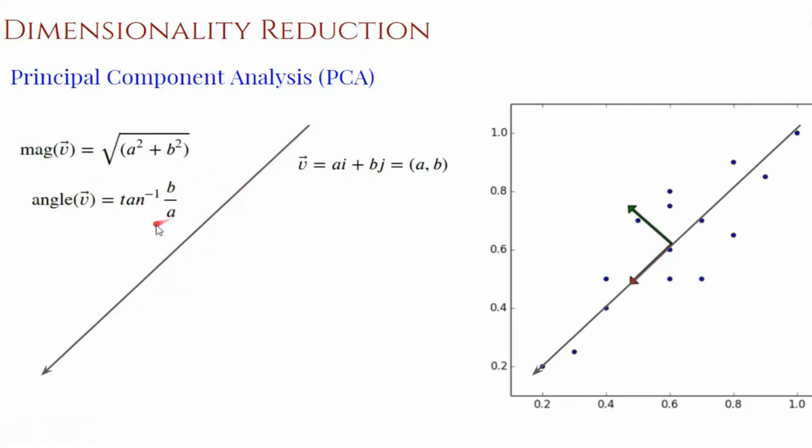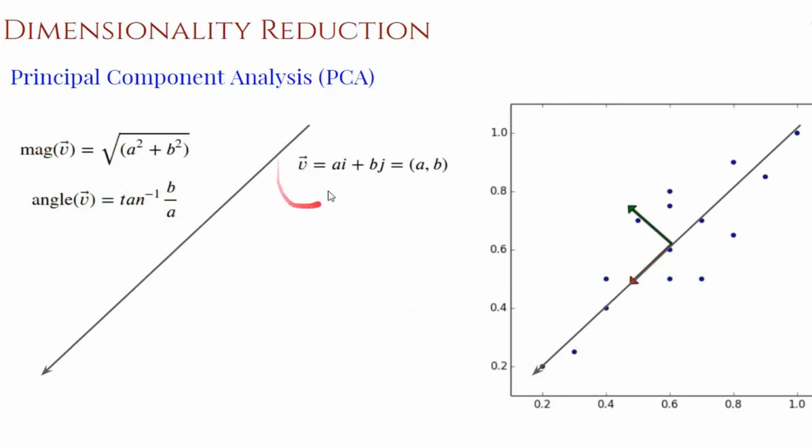We can find the angle of the vector by taking tan inverse of b by a. The tan inverse of b by a tells you the direction, let us say with respect to the x-axis, that particular theta, how much it is inclined. That is the information it keeps track of. So a vector has both a magnitude and a direction, the angle.